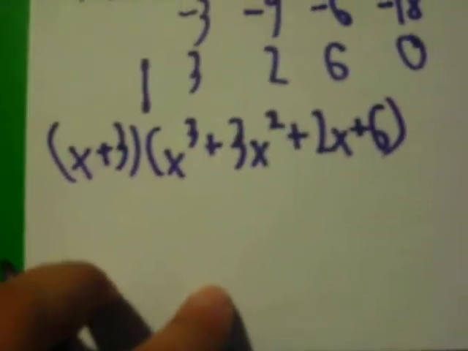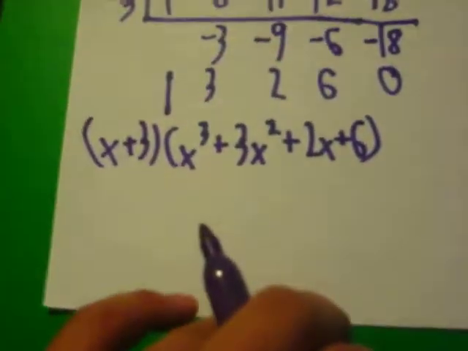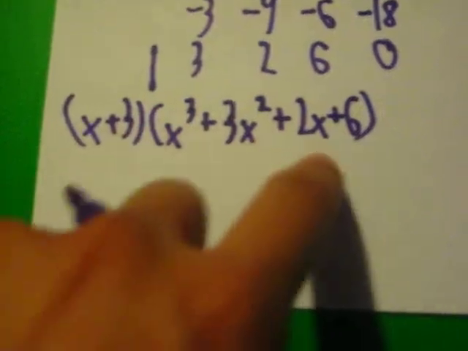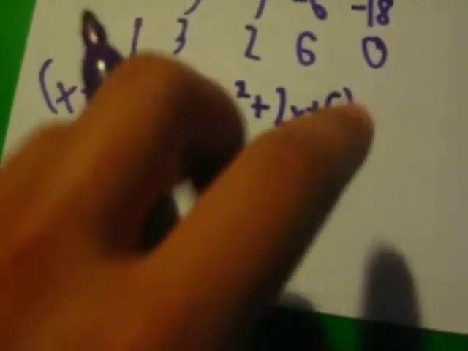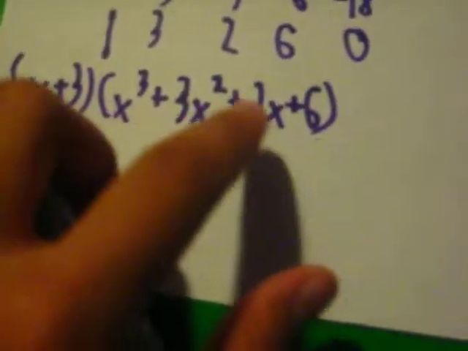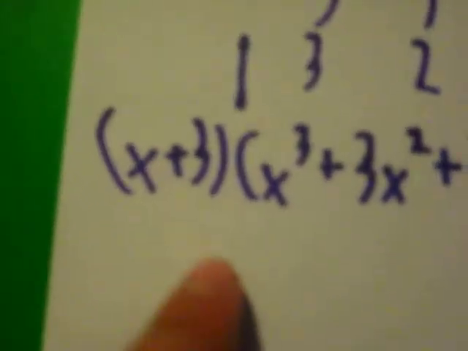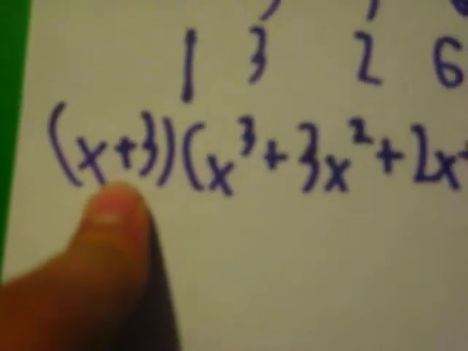Now we will repeat the process again for this equation to factor it even more, because here is the real zero that we've already found with negative 3. So we just repeat the process again.